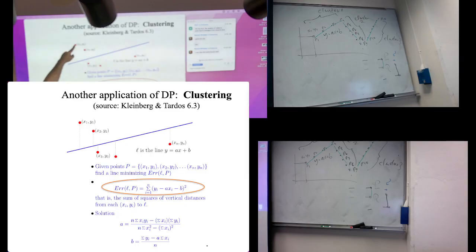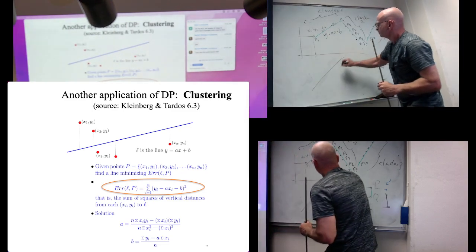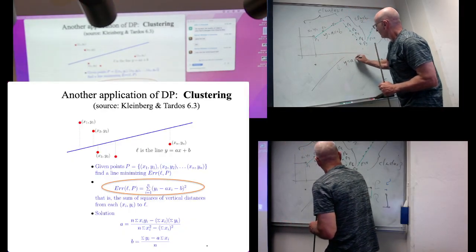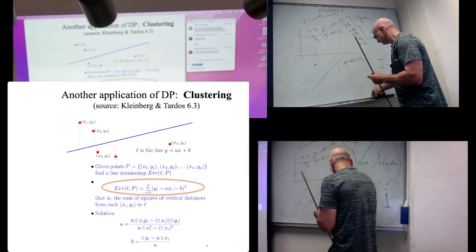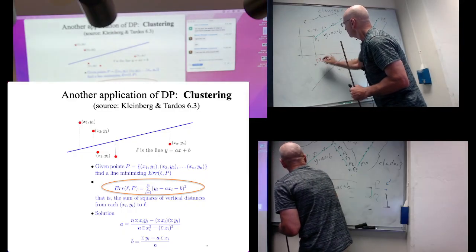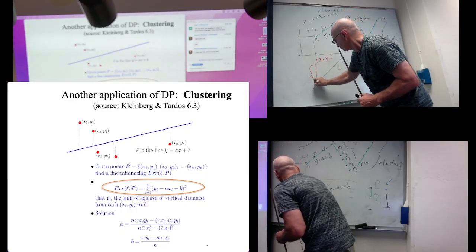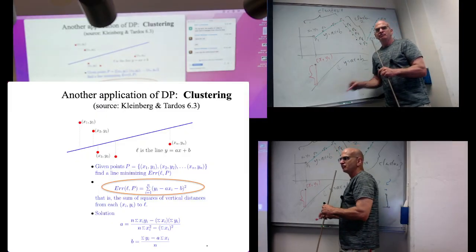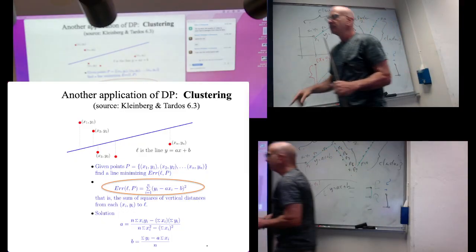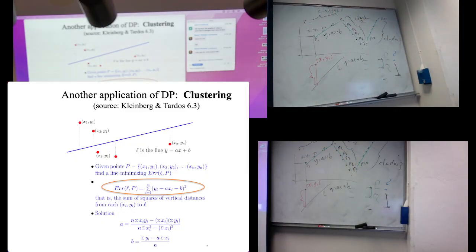I'm looking at x1, y1, and ask what is the vertical distance between this point and the line. The vertical distance. Here is my line L, y equals ax plus b. Here is my point x1, y1, and I'm measuring this vertical distance. Of course, I can change this line so it goes exactly through this point, but there is a bunch of points that are in the game.